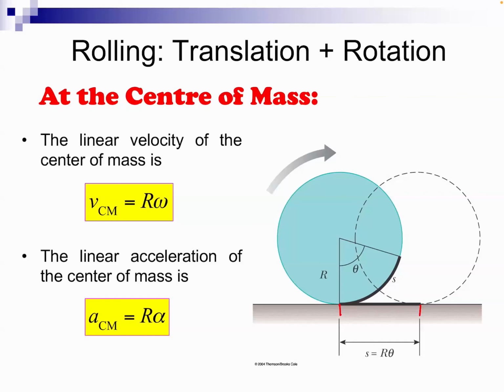So this arc length is equal to the translational displacement, and that's equal to the radius times the angle theta.